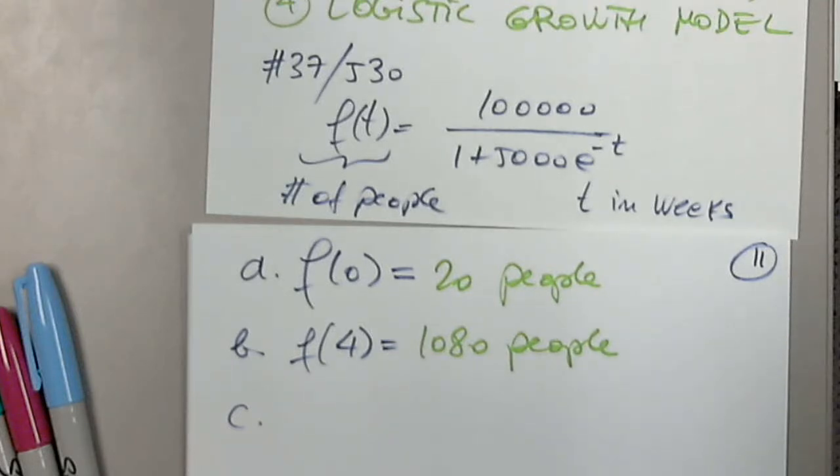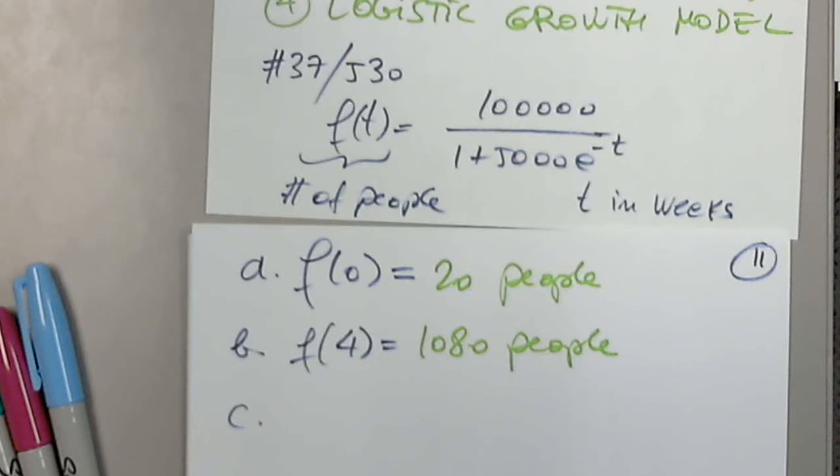We know that initially 20 people were sick, and then 4 weeks later 1,080 were sick, and then 6 weeks later I don't know how many, definitely more, and then 10 weeks later more, and 12 weeks later more and more. So one way would be to increase the number of weeks and see what happens. 12 weeks later, 97,000.